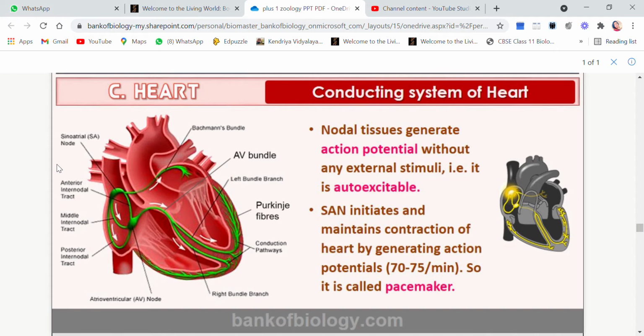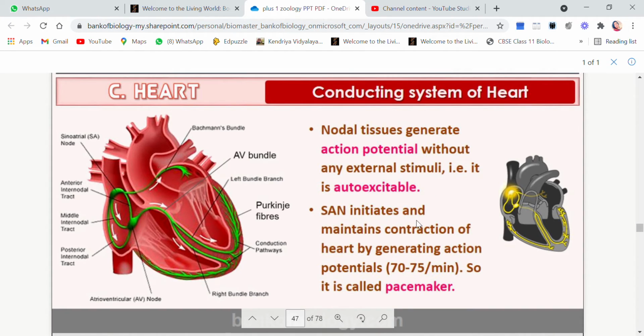That means they themselves will start the action potential. No external stimulus is required to tell the nodal tissues to start their function. Hence, we say that they are auto excitable and they don't need any external stimulus to start their function.